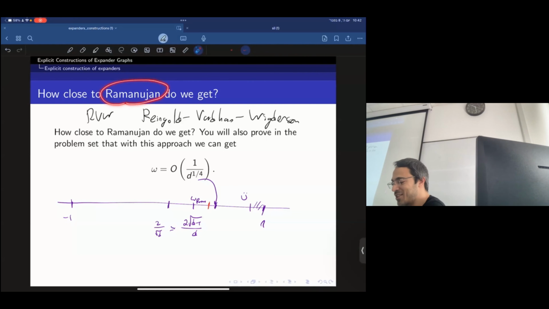Right. So actually, the first construction, I think the LPS construction, or maybe something related to that, used results related to Ramanujan's conjecture, and they call these graphs Ramanujan graphs. Every graph which achieves this optimal bound is called Ramanujan, which is not fair because there are other graphs that may achieve the same bound and they are not Ramanujan.